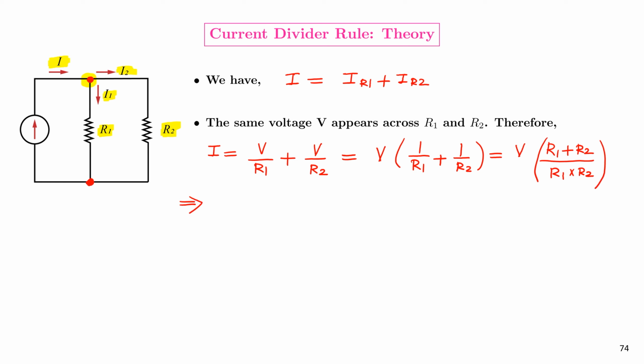From where we can find the total voltage as I multiplied by R1 R2 divided by R1 plus R2.